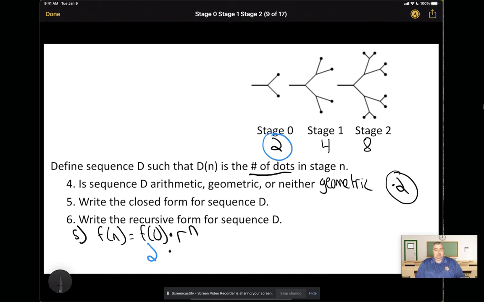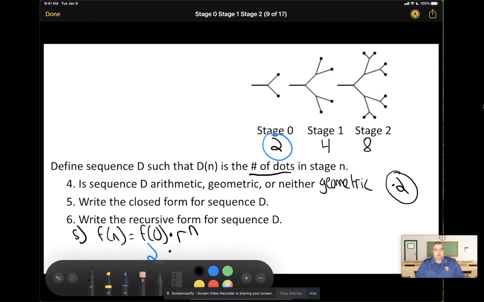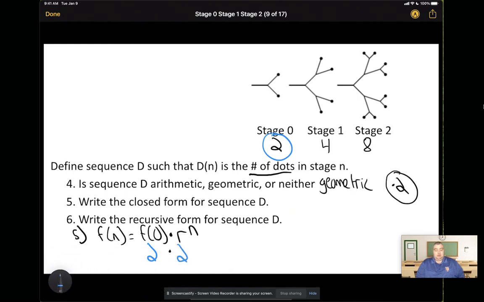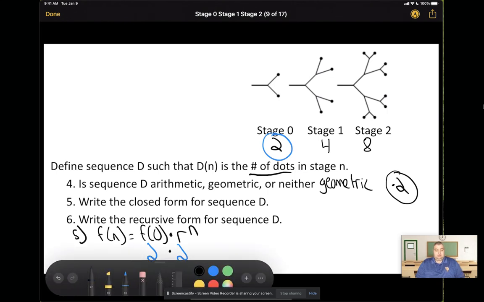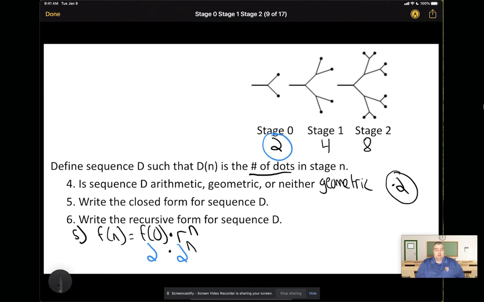I'm multiplying by 2. So in this case, not only is f of 0 equal to 2, but r is also equal to 2 because I'm multiplying by 2 each time. So my closed form is 2 times 2 to the power of n. So that's your answer to number 5.